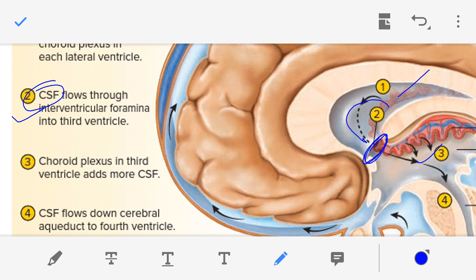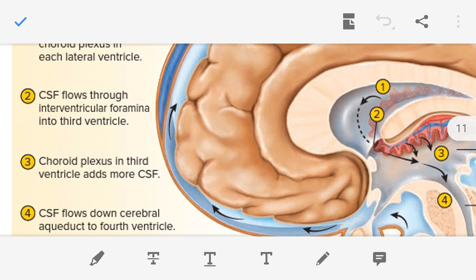So two lateral ventricles are there, and one third ventricle. Between the two lateral ventricles and the third ventricle, this aperture is known as the interventricular foramina. So now CSF from the lateral ventricle enters into the third ventricle.